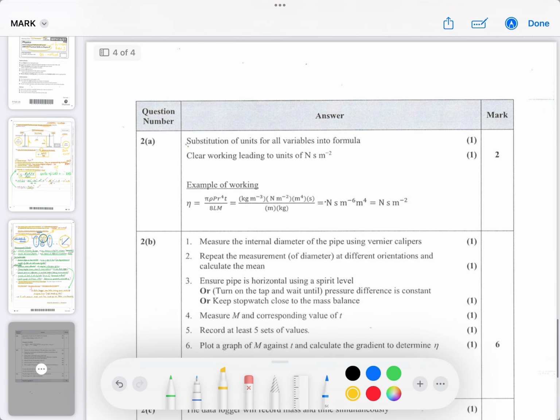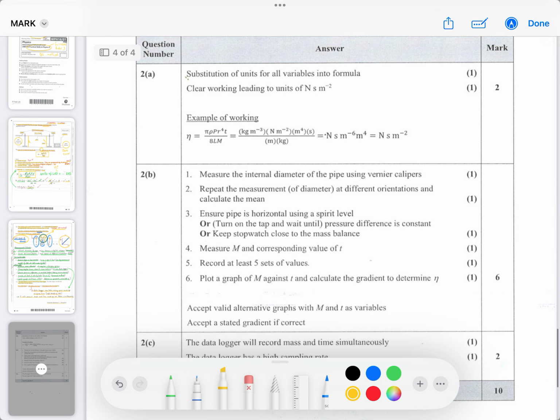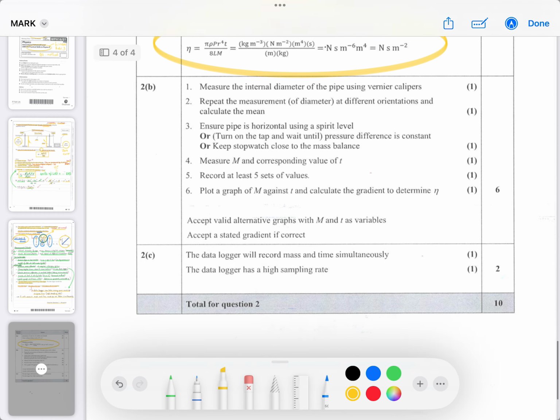And I've decided I'm going to give this to my students in year 12 on Monday when we get back after the break. So here's the mark scheme of how you get the units, 2A, for eta, the viscosity.